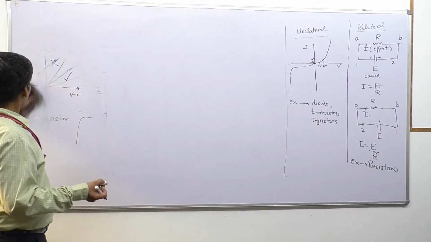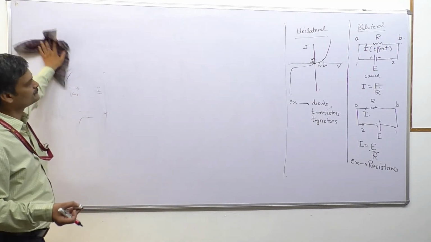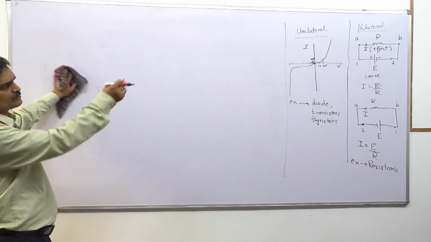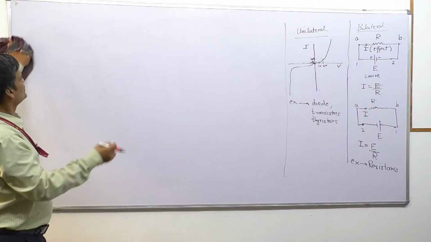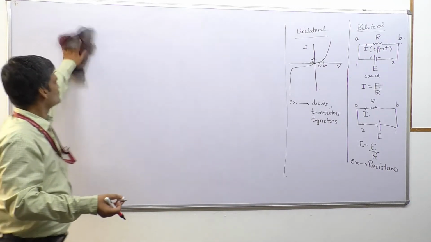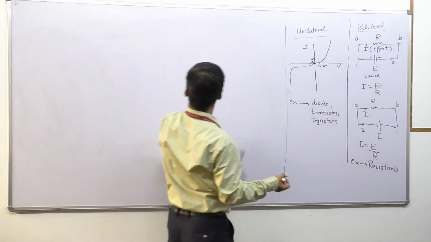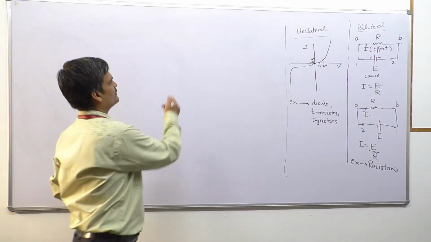Now that we have studied two comparisons, linear and non-linear elements, then unilateral and bilateral elements, the next comparison is about active and passive elements.